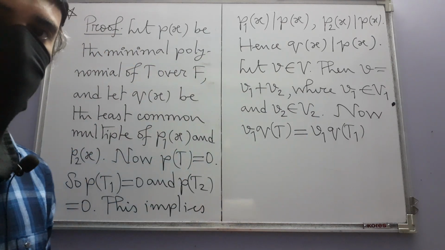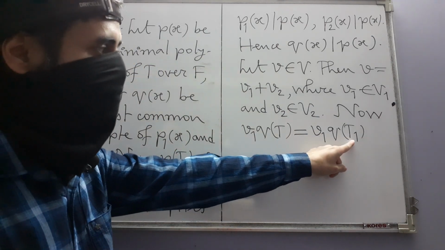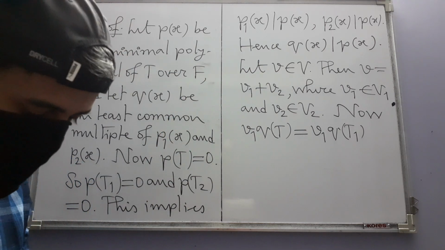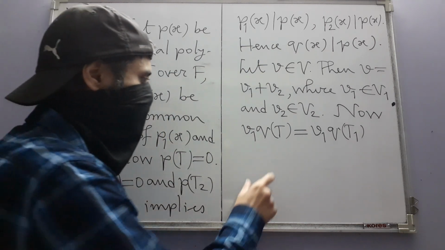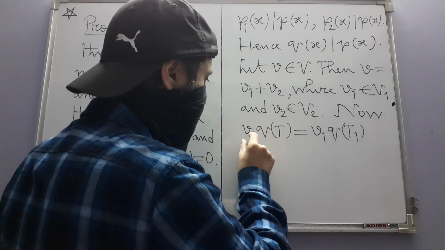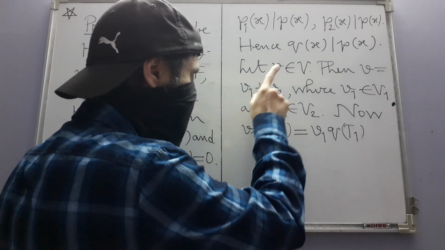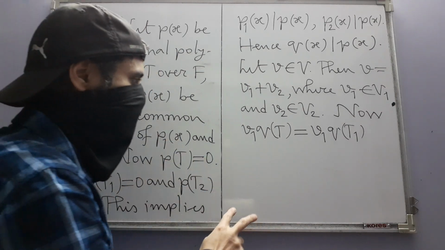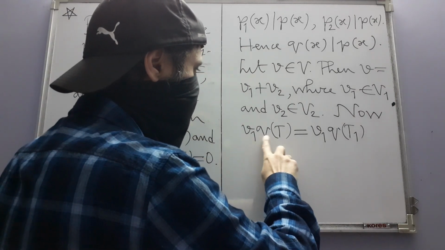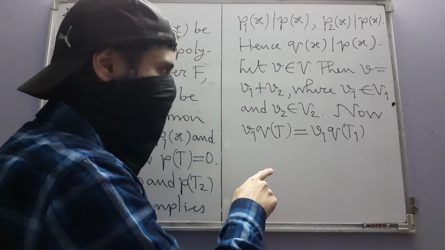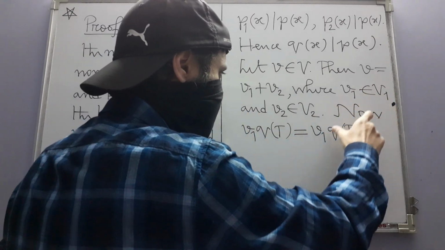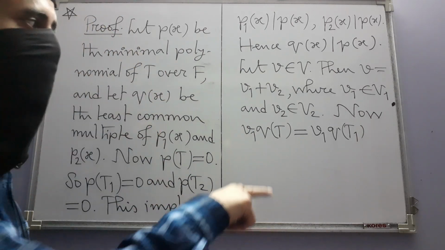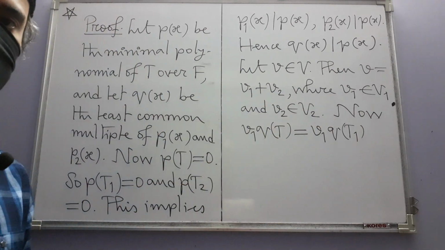Why am I able to write t1 here? Well, we are again using our first observation that when we take a vector v1 from a subspace V1 which is invariant under T, then if you restrict q of T on the subspace V1, that restriction is precisely q of t1, where t1 is the restriction of T on V1. That's why.